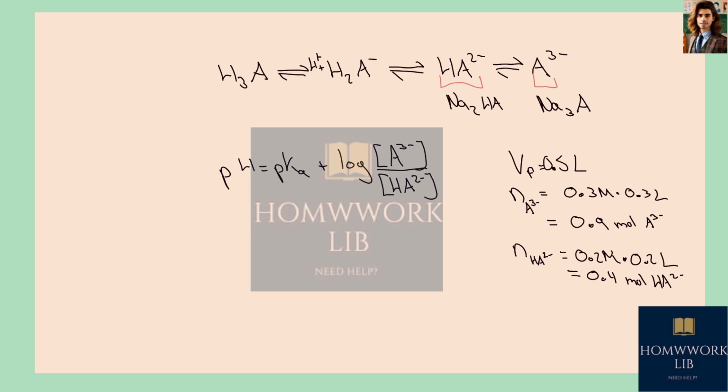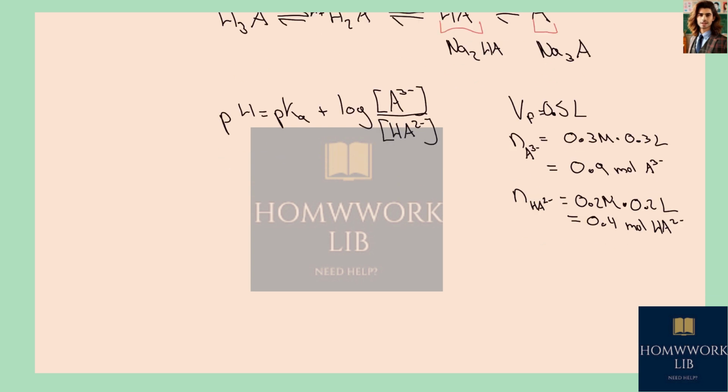Okay, now we want to get the ratio of the concentrations. So the concentration of A3 minus divided by the concentration of HA2 minus is nothing but amount of mole of A3 minus divided by the final volume, divided by the amount of mole of HA2 minus divided by final volume.